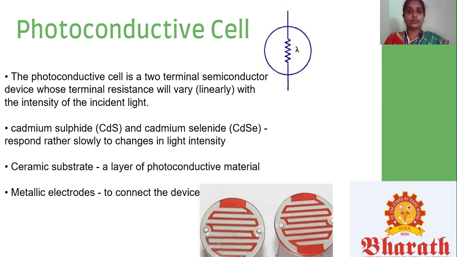Light striking the surface of a material can provide sufficient energy to cause the electrons within the material to break away from their atoms. Thus, free electrons and holes, many charge carriers, are created within the material, and consequently its resistance is reduced. This is known as the photoconductive effect.